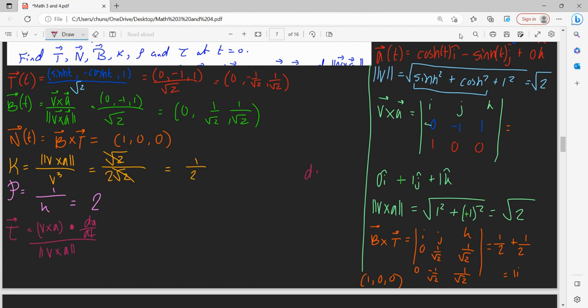So let's find what da dt is. That's sinh t i minus cosh t j plus 0k. We plug in for 0, that gives us 0, negative 1, 0.